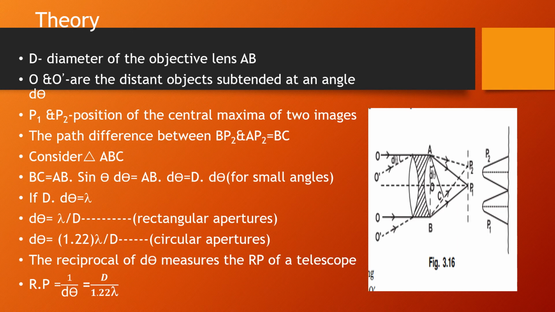And for circular apertures, Airy, a scientist, multiplied this equation with a correction factor 1.22. So d theta becomes 1.22 lambda by D. The reciprocal of d theta measures the resolving power of a telescope. Resolving power is equal to 1 by d theta, which is equal to D by 1.22 lambda.